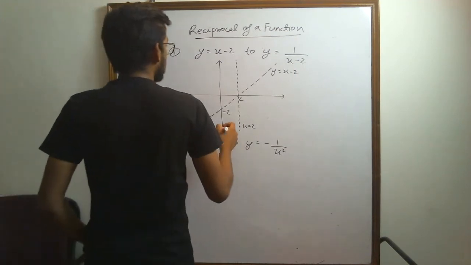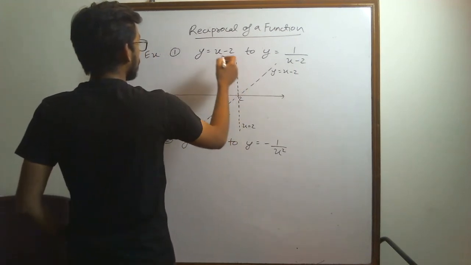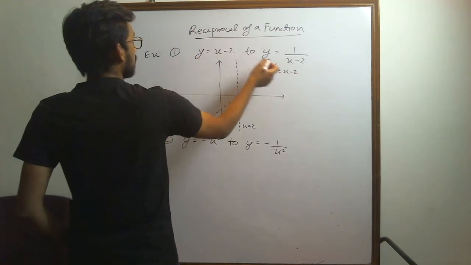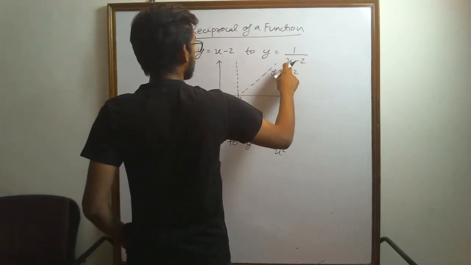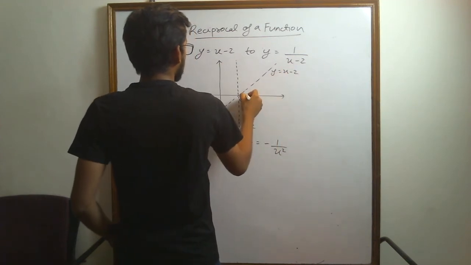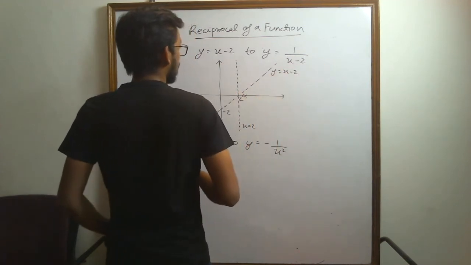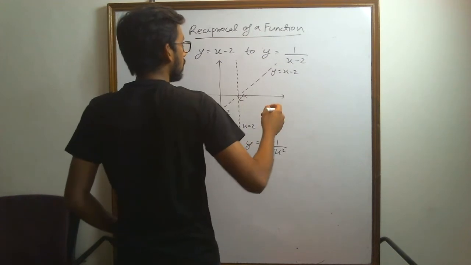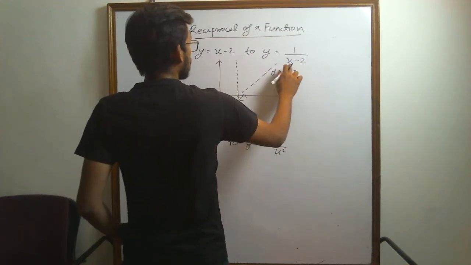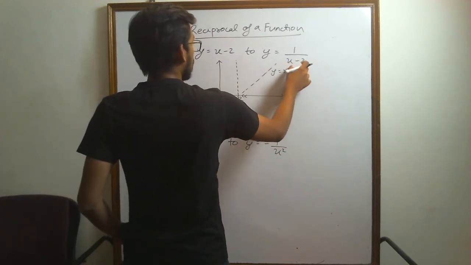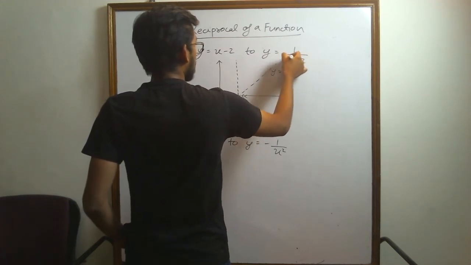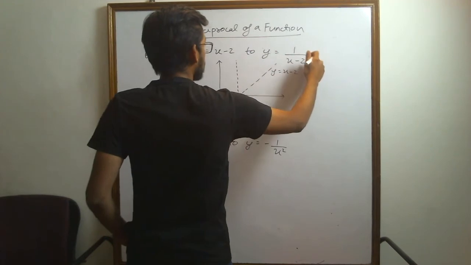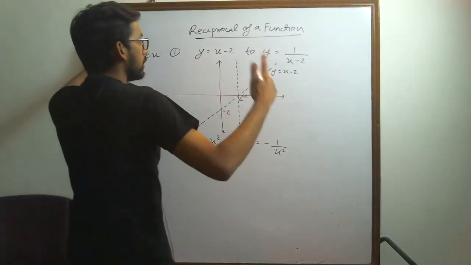Okay, now we see that whenever x tends towards 2 from the right side, it is greater than 2, just a little bit greater than 2. So a bigger value minus 2 means that this is positive, but as it is very close to 2, this tends towards 0. 1 upon 0 will tend to infinity, but with the positive sign.